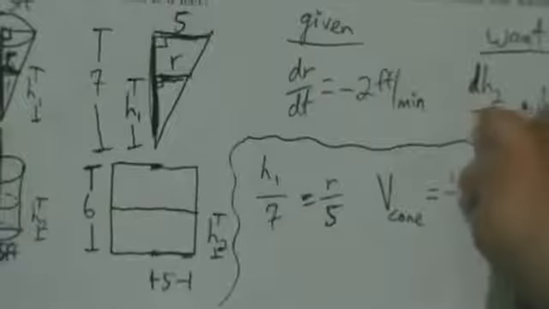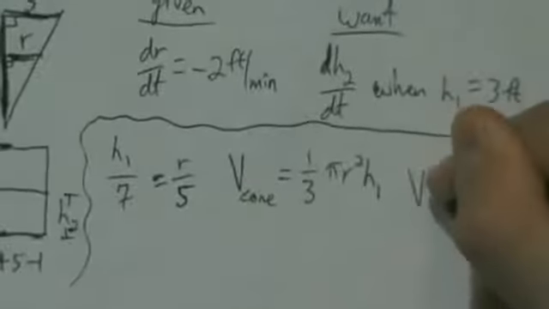That's going to be 1/3 pi r squared h1. For the cone, the height is h1, the height of the water. This represents the volume of the water, not the volume of the entire tank. So V sub cone for the conical tank is 1/3 pi r squared h1, and it's h1 because that's the height of water in the conical tank, and r is the radius of the water in there. All right, now how about the cylindrical tank?